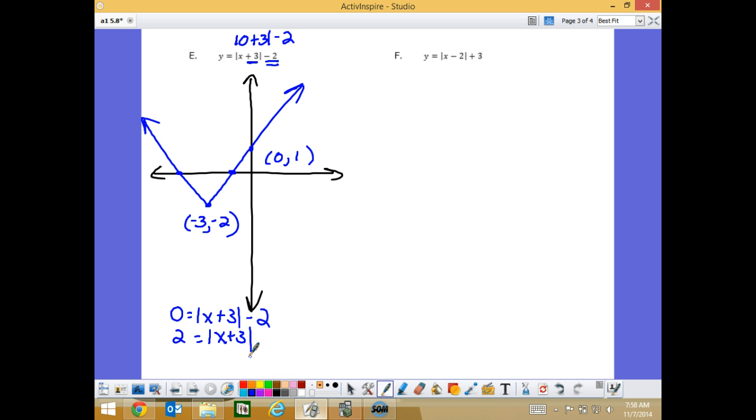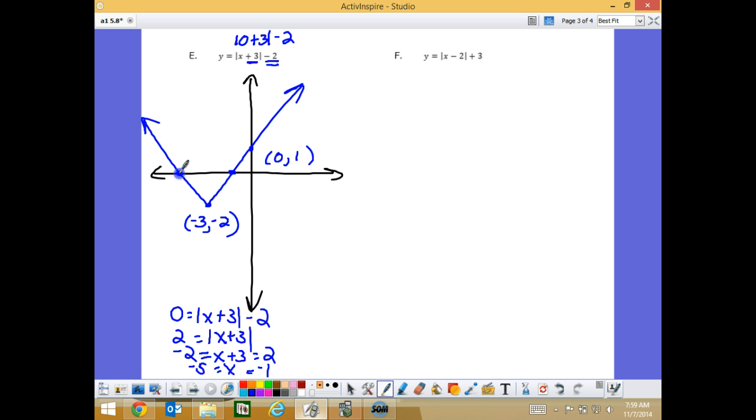So there are 2 numbers that are 2 units from 0. One of them is 2 units to the right, which is 2. The other one is 2 units to the left, which is -2. And then we get x by itself in the middle by subtracting 3 from everywhere. So -2 minus 3 is -5. 2 minus 3 is -1.